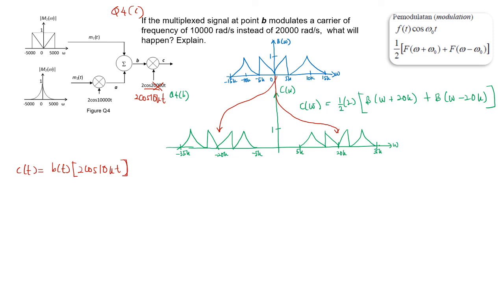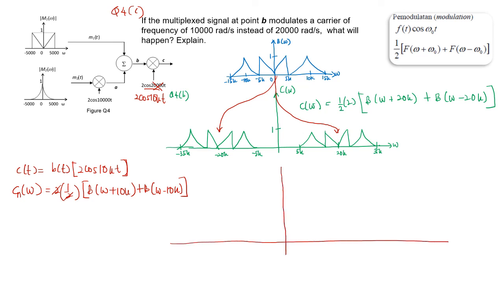If we convert this into a Fourier transform, you get C omega equal to 1/2 of B(omega plus 10k) plus B(omega minus 10k). You'll notice that the signal of B omega is now shifted to the right and to the left by only 10k. So how to draw this? Let's look at the first one, when the signal B omega is shifted to the right by only 10k.